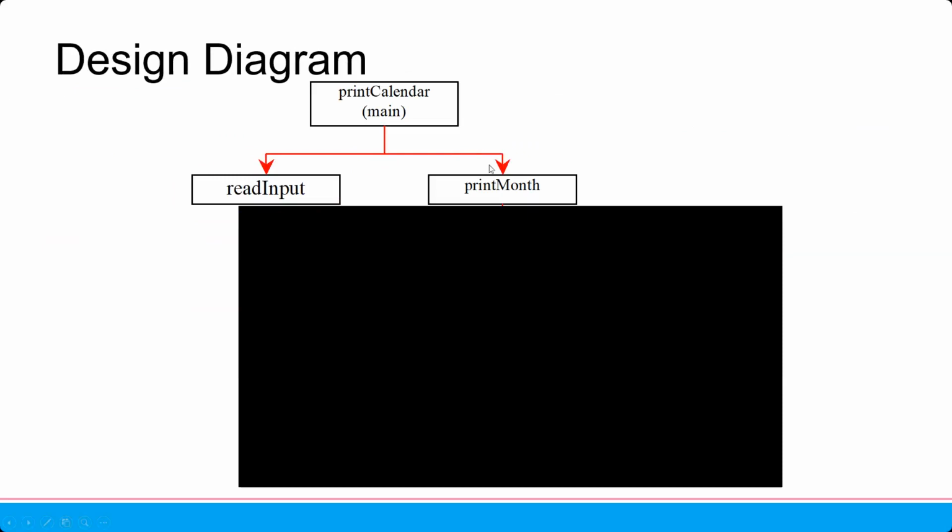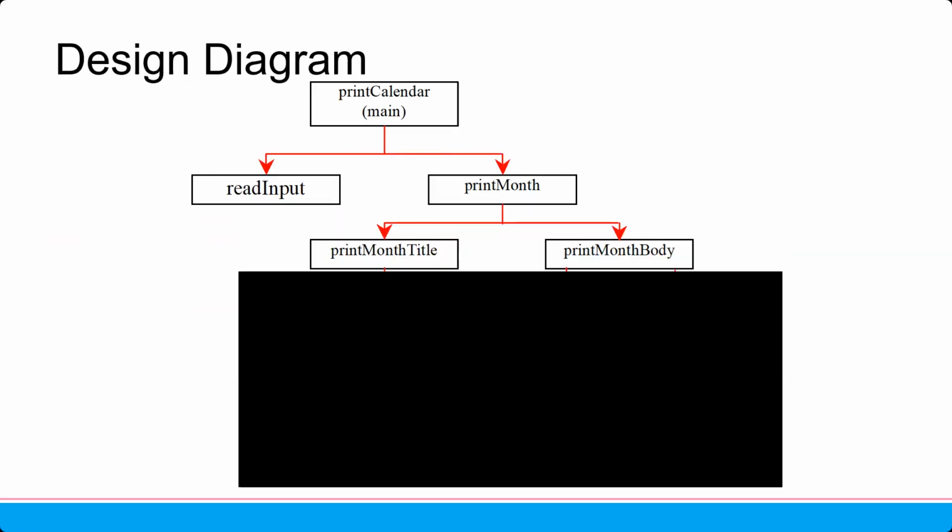For example, I want to print the month. And then I can think about more details. There are 12 months in 1 year. So it means I can print the month title and I can think about the body. What is the body? In the month of January, there will be 31 days, but when is the 1st of January?